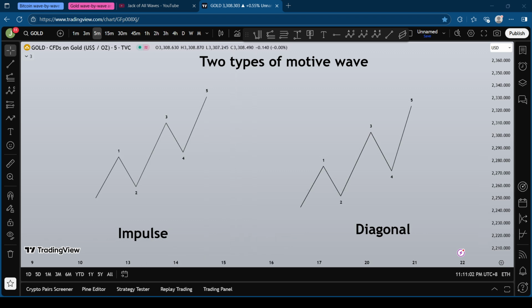Now perhaps I would like to ask the audience, by simply looking at the two illustrations of the motive wave, the impulse motive wave and the diagonal motive wave, what can you observe by simply looking at the two types of motive wave here? Let's check the chat.